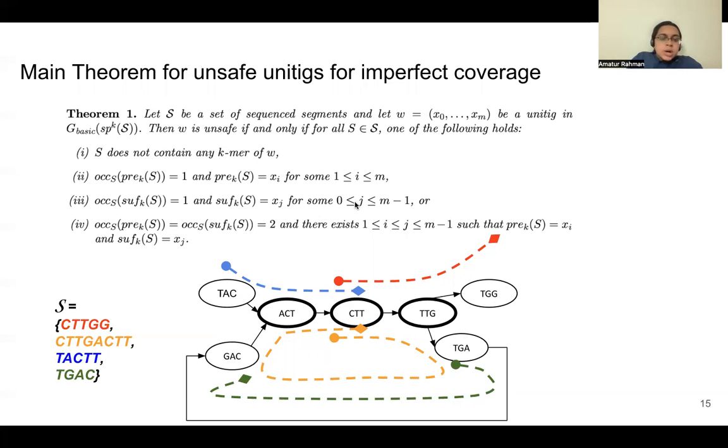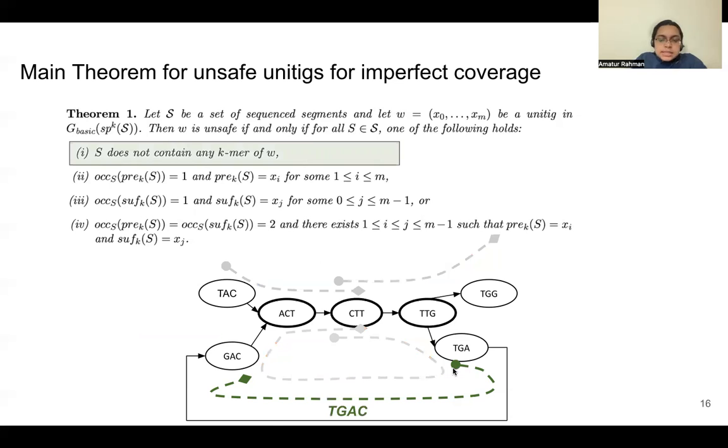Okay, so in the figure, for each of the sequence segments, we have a walk corresponding to it in the same color. And I'd like to walk you through the 4 conditions of a Unitig being unsafe, one by one.